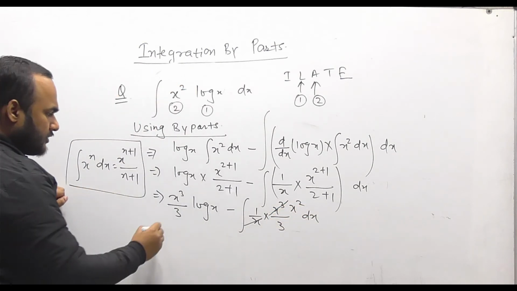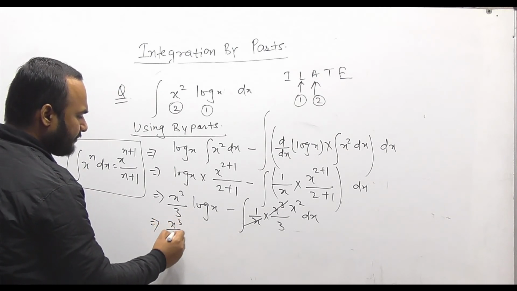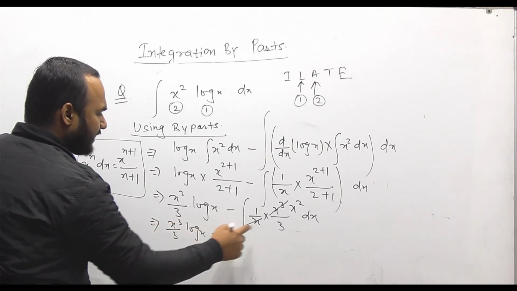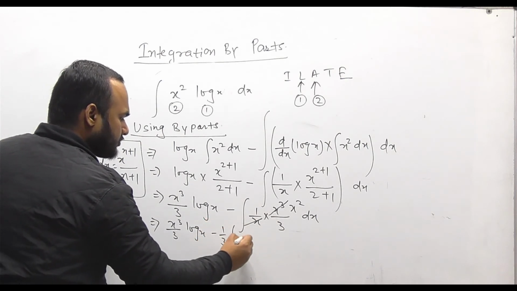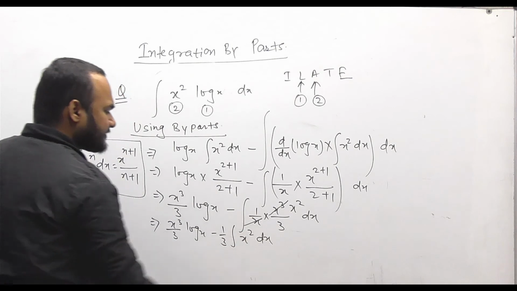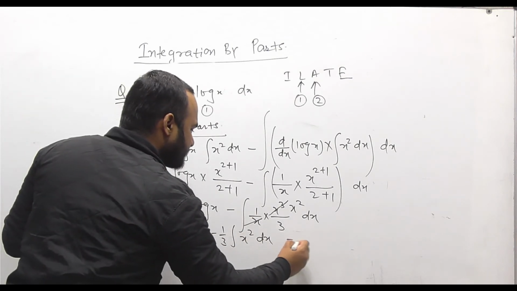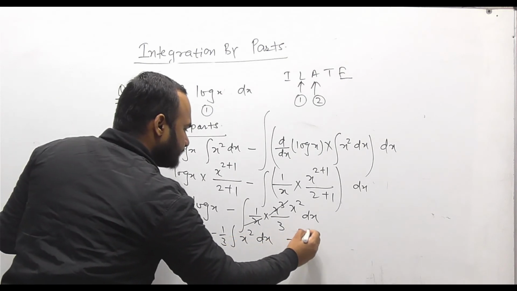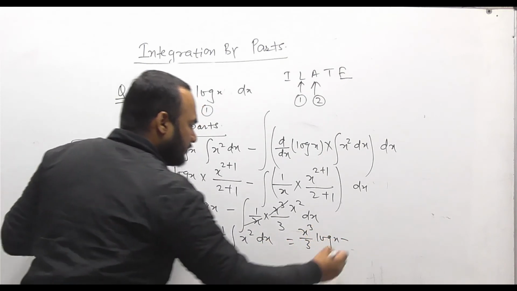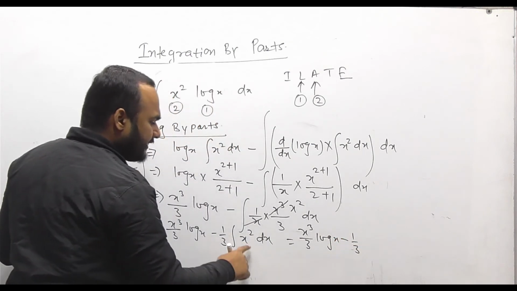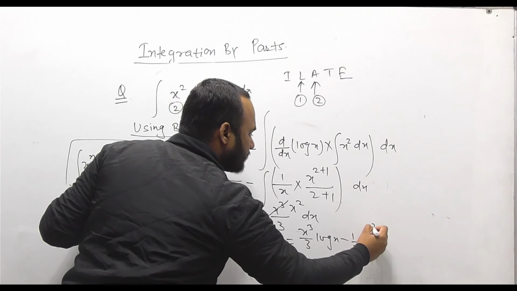So again this will become x square divided by 3 log x minus, we can take the constant 1 by 3 out of the integration, so the whole integration will become nothing but x square into dx. So we can write it as x cube divided by 3 log x minus 1 by 3, and the integration of x square will be x to the power 2 plus 1 over 2 plus 1.